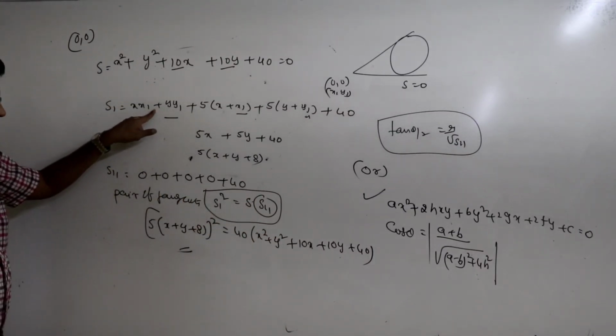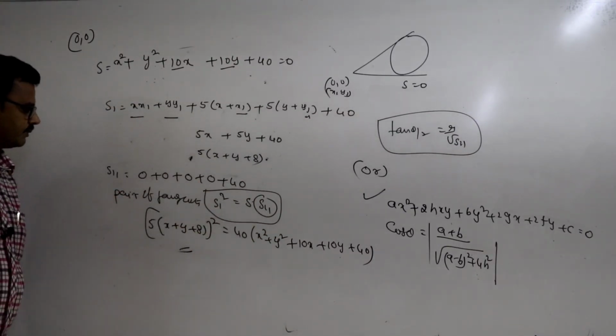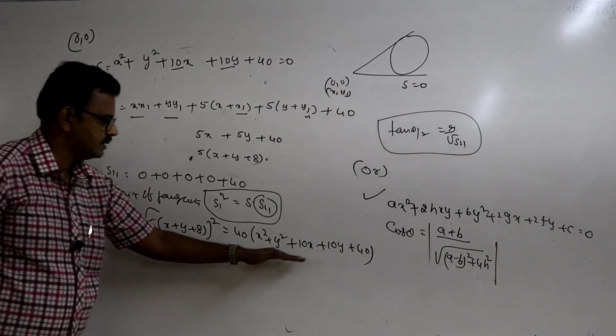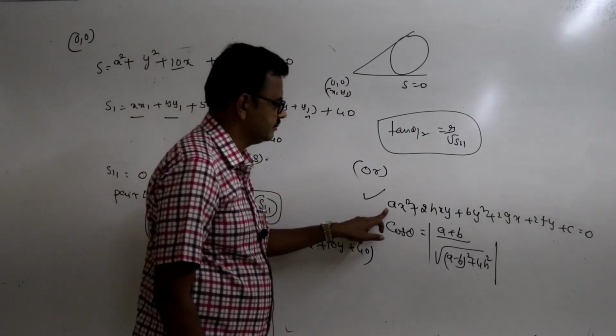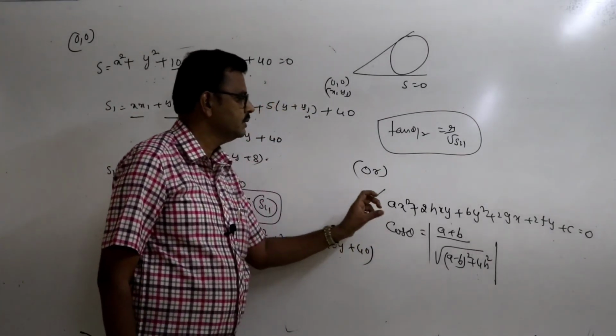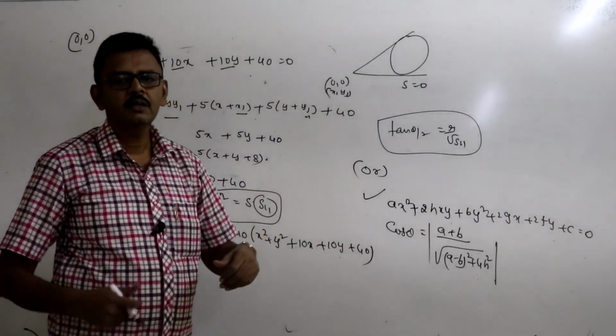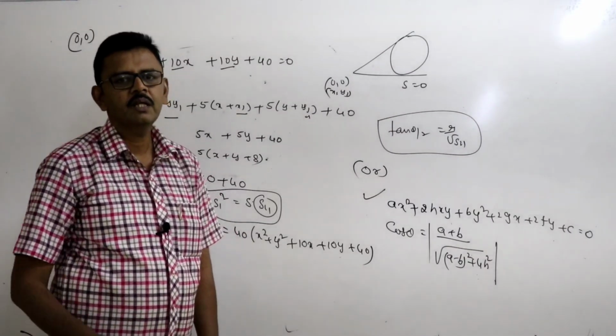You know S1 and you know S11. With further simplification, you get the form like this. Suppose it is asked to also find the angle between them, there are two methods.